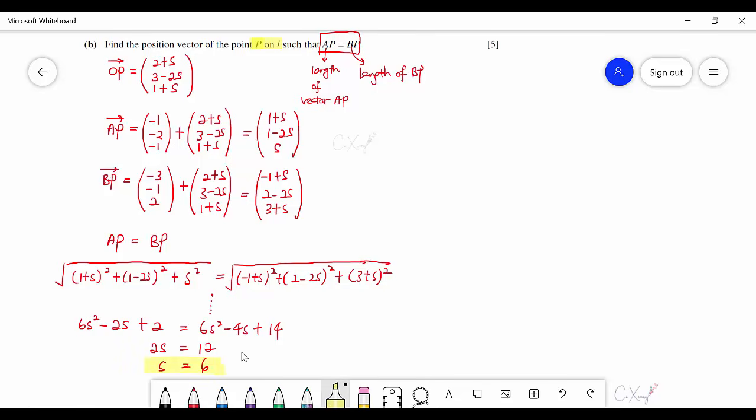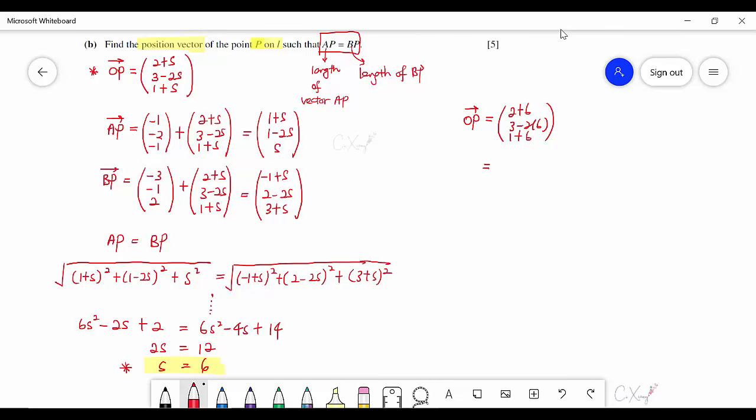But s equals 6 is not our final answer, because for this question they want us to get the position vector of P. So you need to substitute s equals 6 back into the OP vector. OP equals 2 plus 6, 3 minus 2 times 6, and then 1 plus 6.